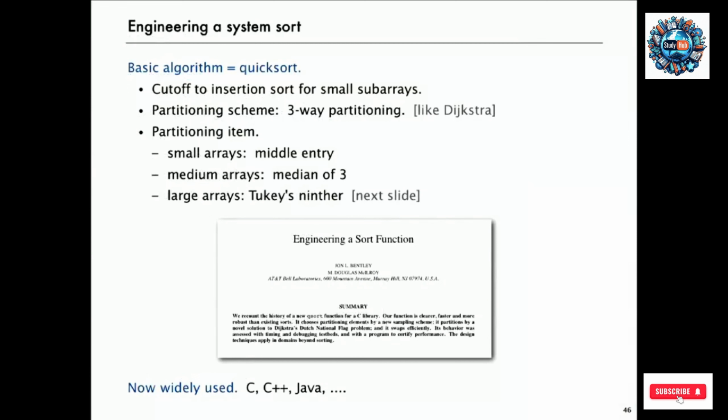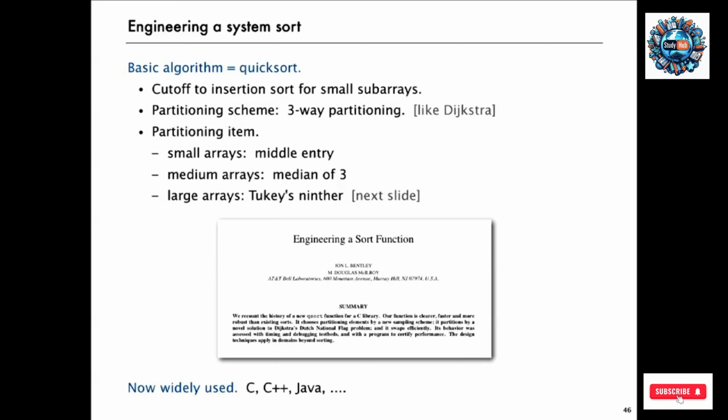Another thing they did was, rather than shuffling the array, they used a method for choosing a partitioning element called Tukey's ninther. Tukey's a statistician, and he had this particular method for order statistics that has some interesting properties, and they used that for the partitioning element.